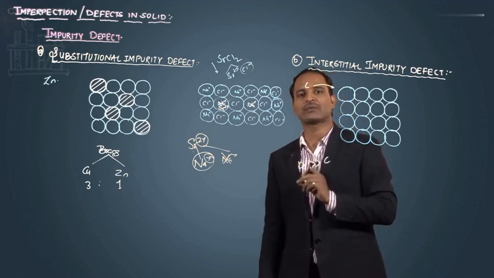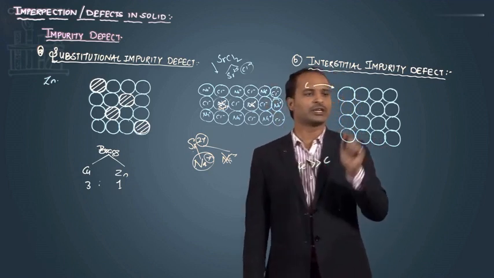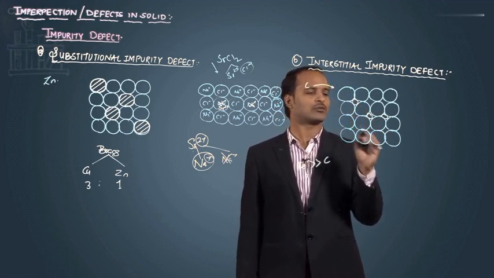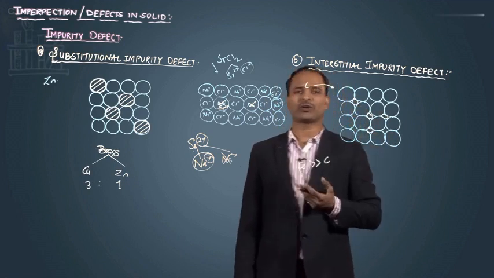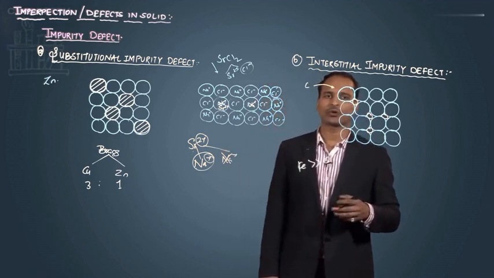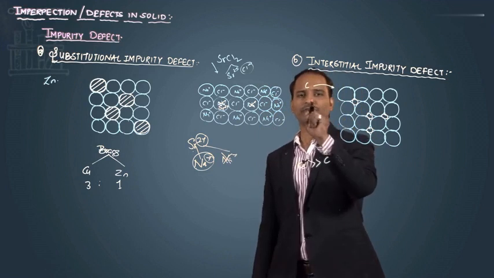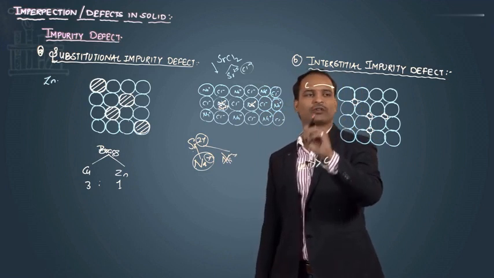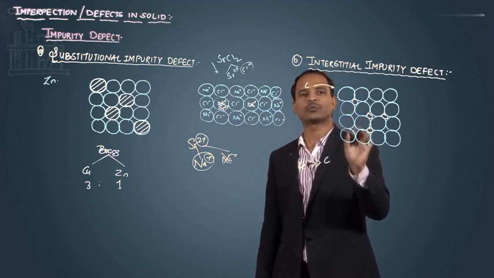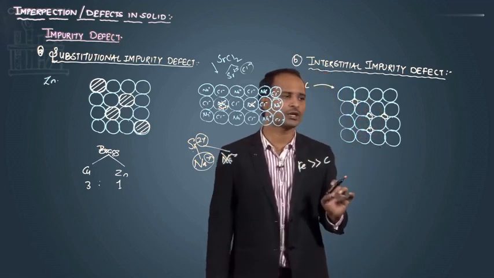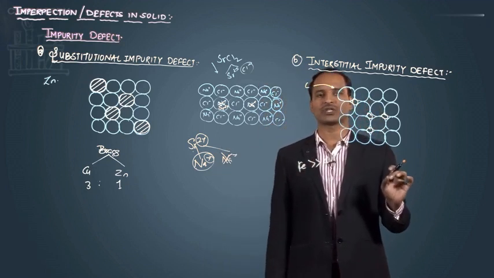As I said, carbon is very small in size, and being small, it starts occupying voids. It may occupy all the voids or only some, depending on how much carbon is added. Here the impurity added, carbon, being smaller in size, occupies the interstitial spaces, that is the voids, and that's why the name interstitial void.